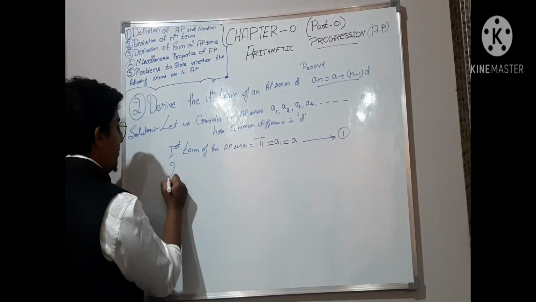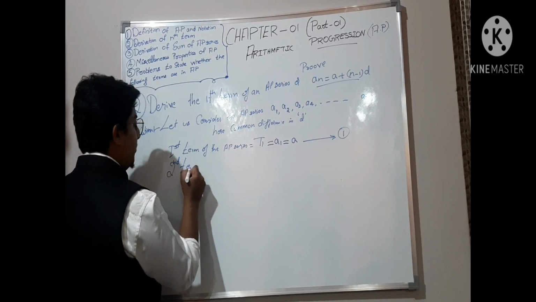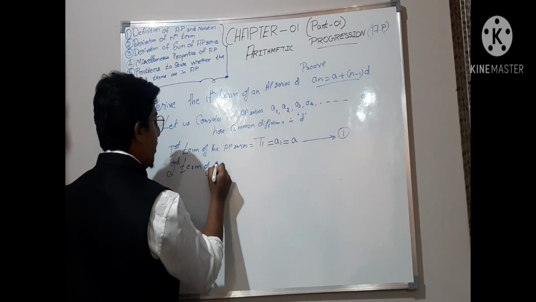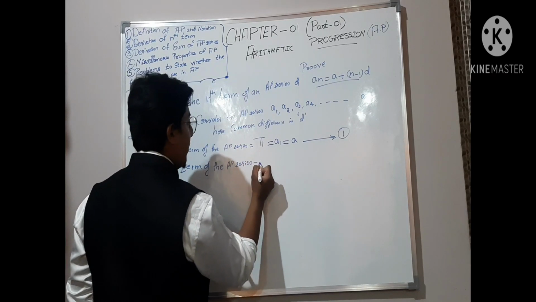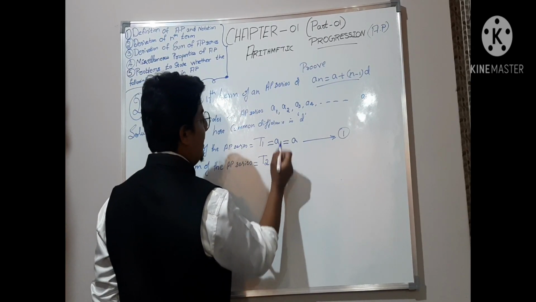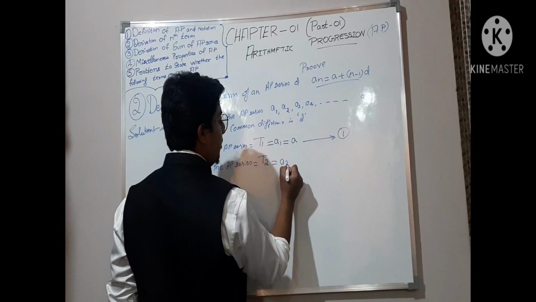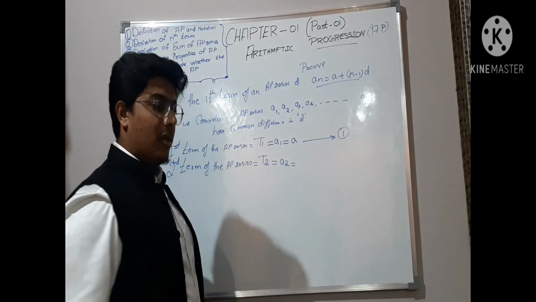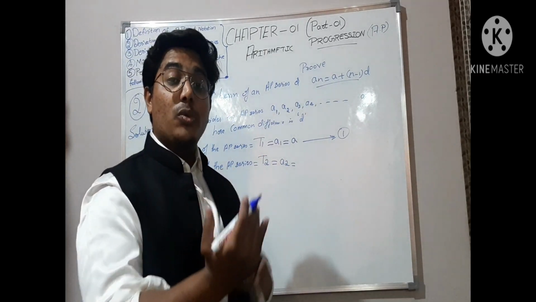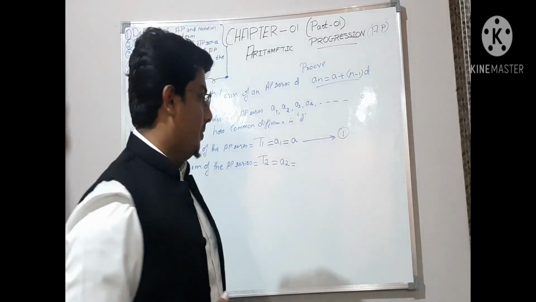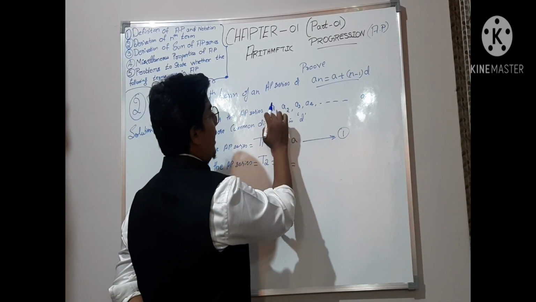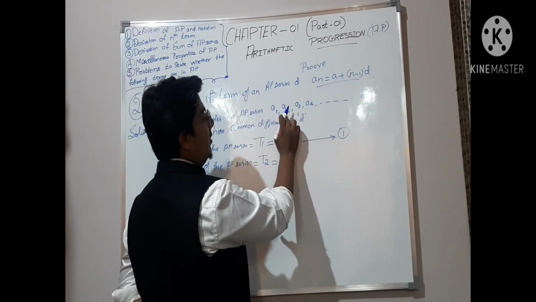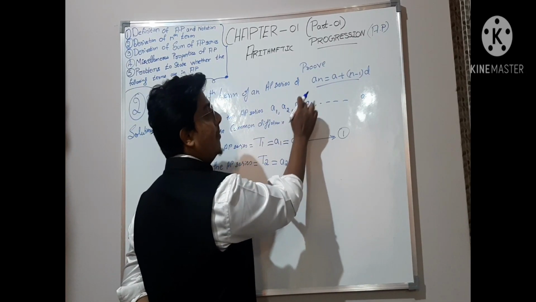The second term of the AP series is given as T2, which is A2, right? By definition, the difference between consecutive terms is constant. So A1 plus D is A2, A2 plus D is A3, A3 plus D is A4.